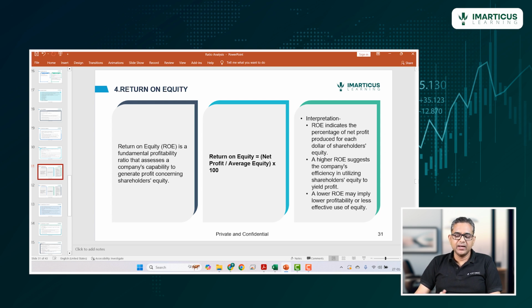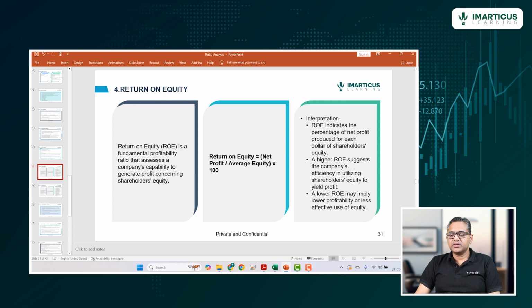So whatever is left as net profit belongs to equity holders. Either we can distribute it as dividends or we can retain it within the company for its future growth. That's the decision of the board of directors of the company. But we can calculate return on equity as net profit upon average equity into 100.